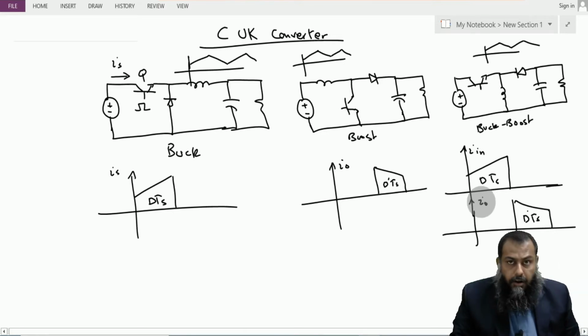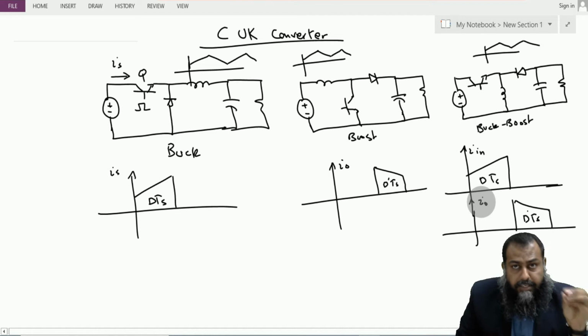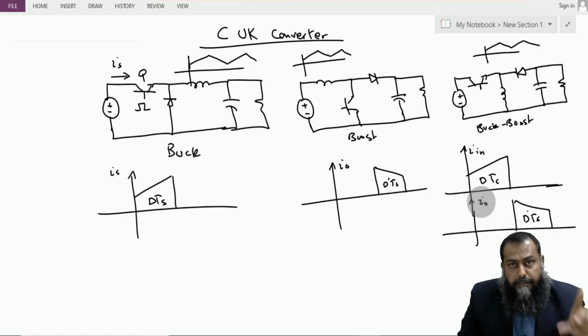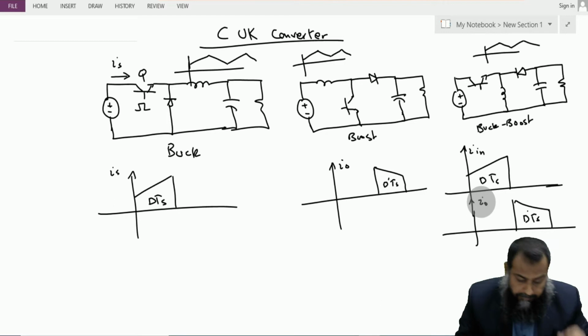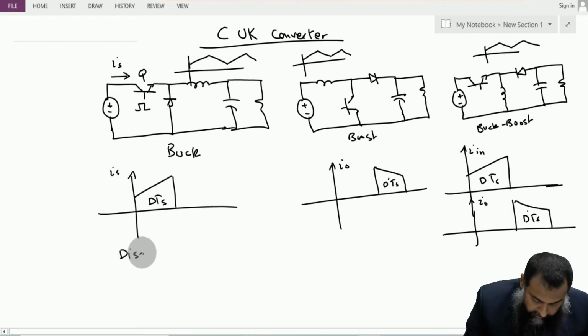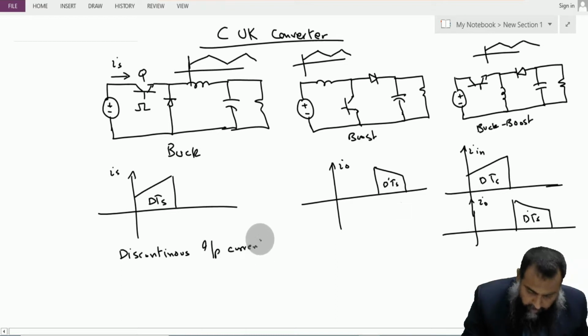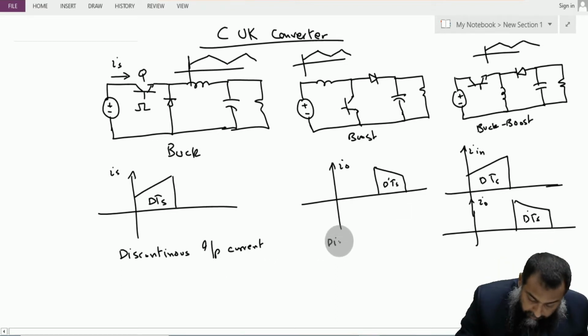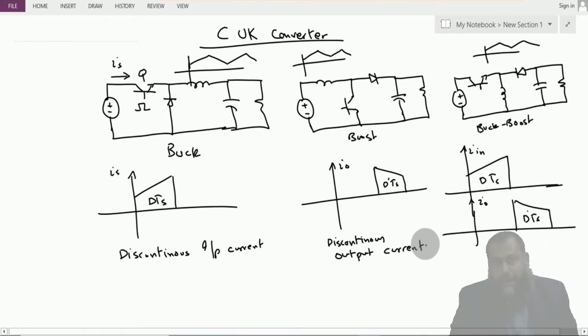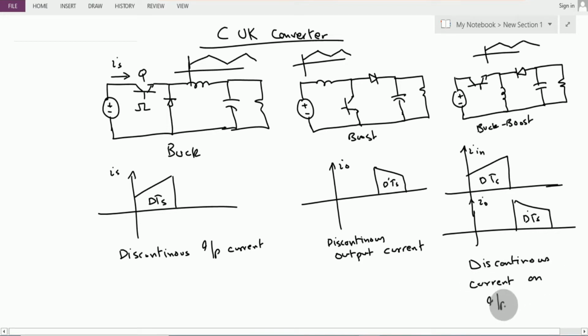Notice here, all of these three basic isolated converters have one inherent problem. For a buck converter, we have a discontinuous input current. For a boost converter, we have a discontinuous output current, and for the buck boost converter, we have discontinuous current on both the input as well as the output side.